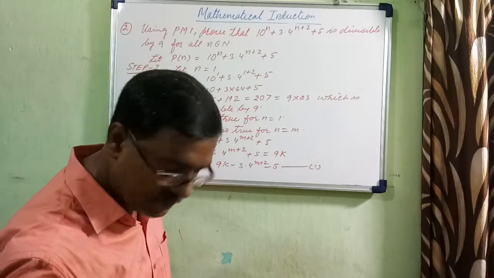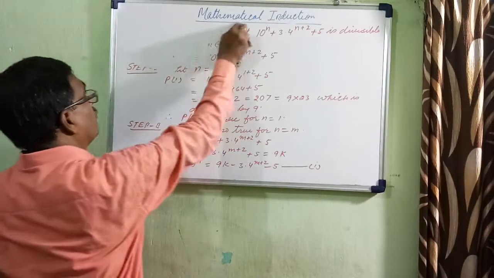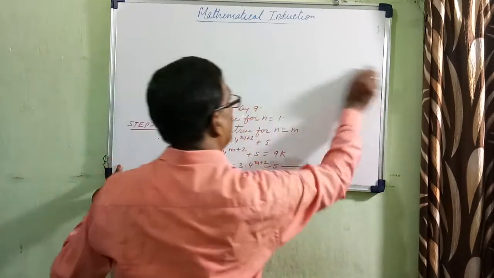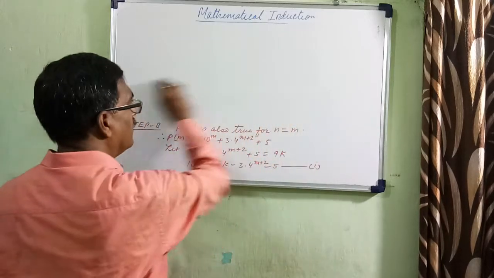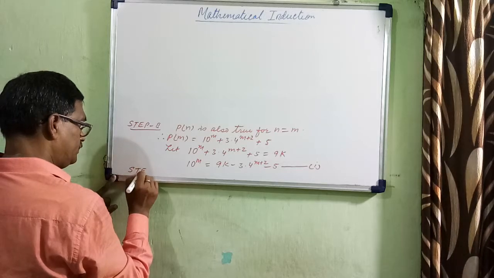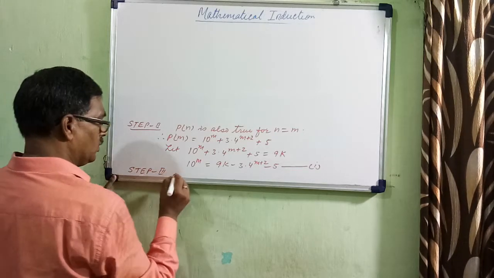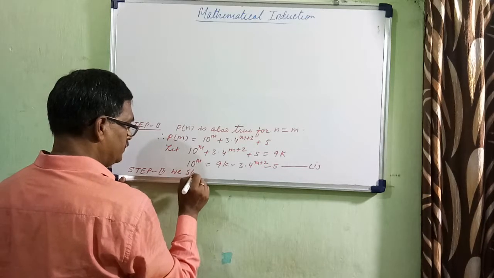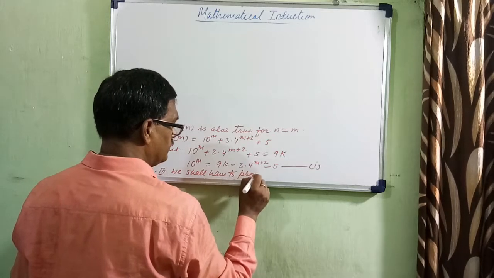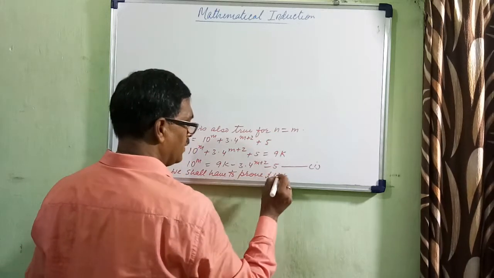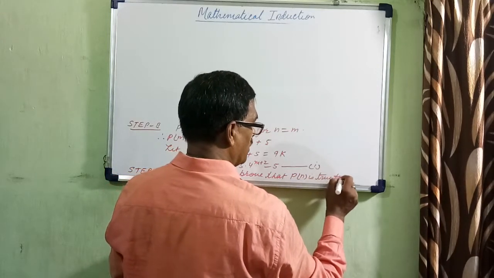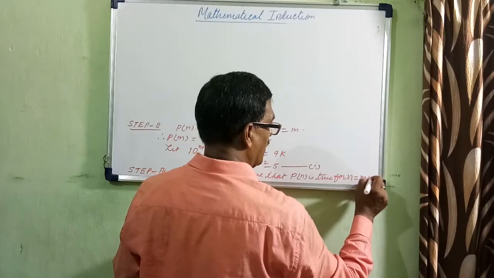Now what is the third step? We have to prove that it is true for step 3. We shall have to prove that Pn is true for n is equal to m plus 1.